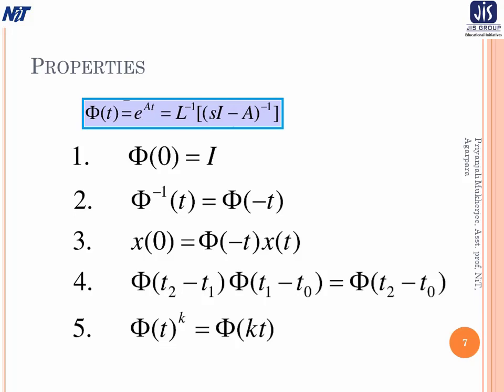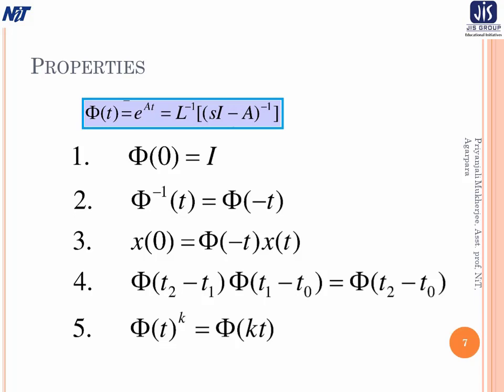We know that phi(t) is equal to the Laplace inverse of (sI - A)^-1, or phi(t) is equal to e^(At). Now this e^(At) is used in the solution x(t) = e^(At) x(0), and the solution of the equation gives the zero input response.